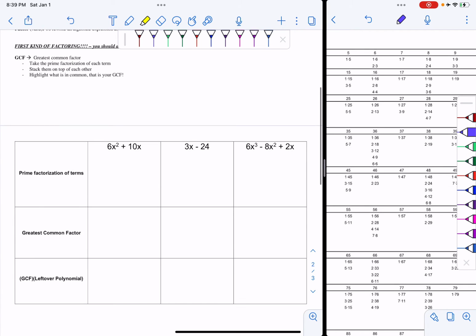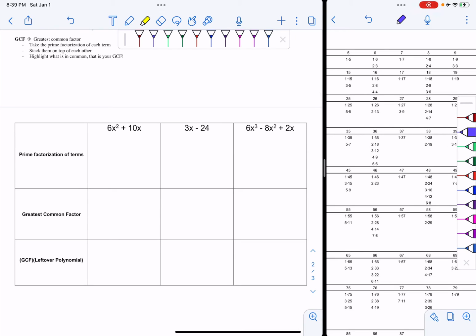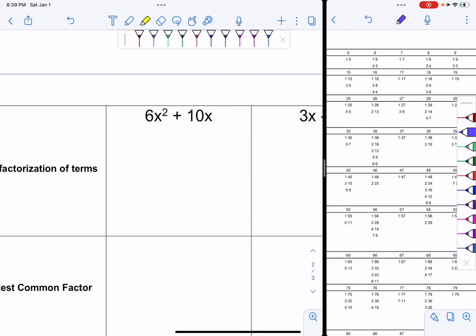So follow this procedure that Miss Daniel and I used to factor all these expressions. The first thing we're going to do is find the prime factorization of each of our terms. So if I look, my two terms are 6x squared and 10x. So I'm going to write 6x squared and 10x. Do not worry about your signs until the very end. I need to ask myself what makes 6, and it's 2 and 3.